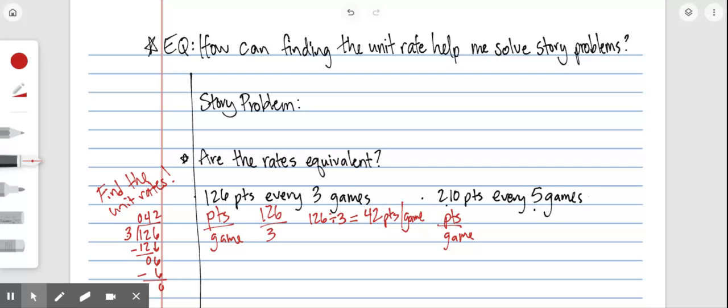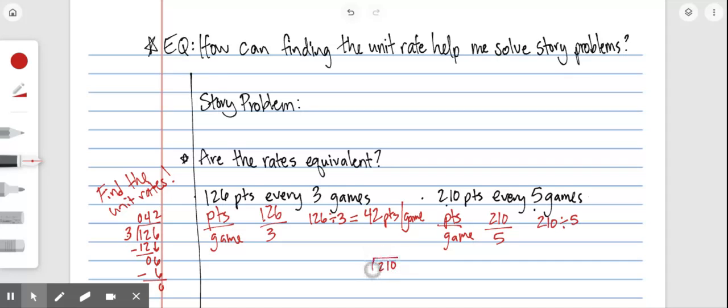Okay. All right, so now let's try the 210 points every 5 games. So we're going to do 210 on the top because that's where the points are, 5 games on the bottom. So then I do 210 divided by 5. Again, I don't know this off the top of my head, so I'm going to do some division. I don't have a lot of space over here on the left, so I'm actually going to do it right here. I know that that's a little messy.